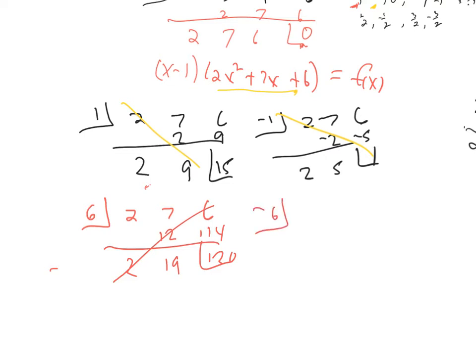Negative 6, negative 12, negative 5. It's not working either. So I know when we should give up on trying to find them.